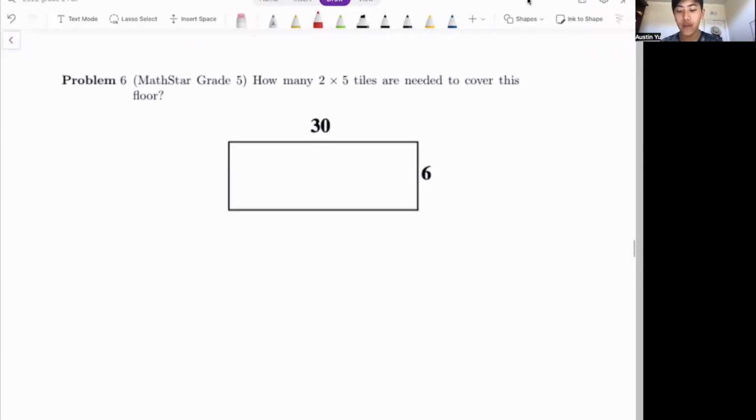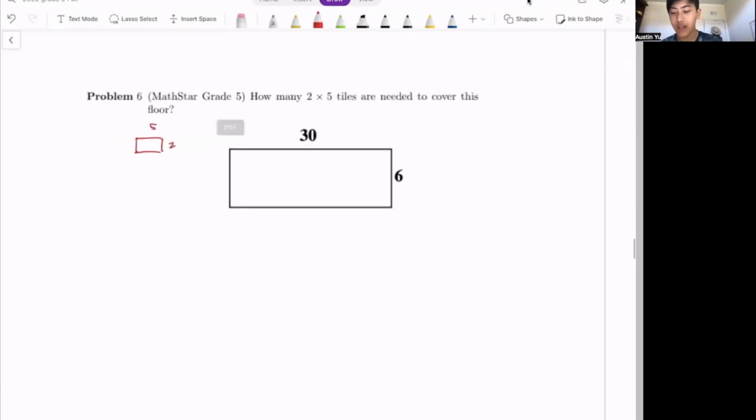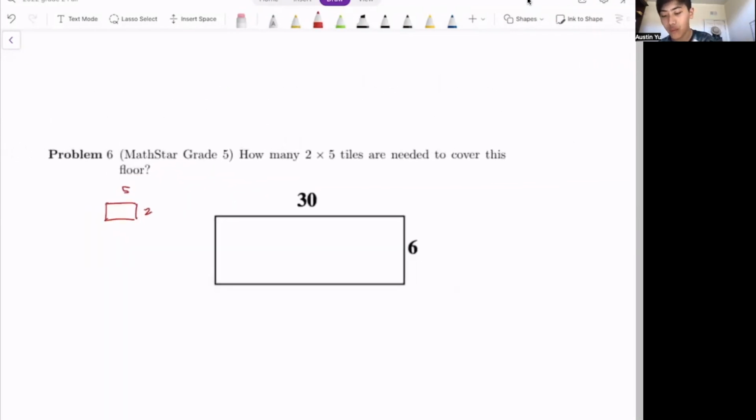All right, a 2x5 rectangle looks like this because we assign the width as 2, so we draw the width in red, and in green, we highlight 5 as the length. So we highlight the length in green. All right, so our job is to find out how many 2x5 tiles fit inside this rectangle.